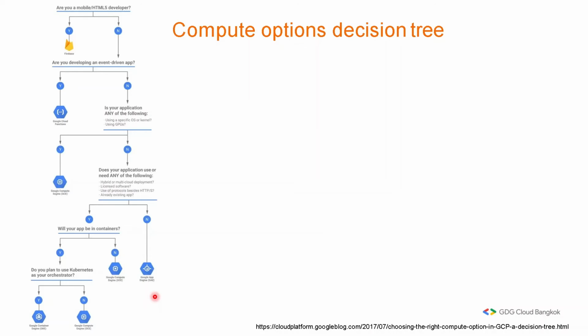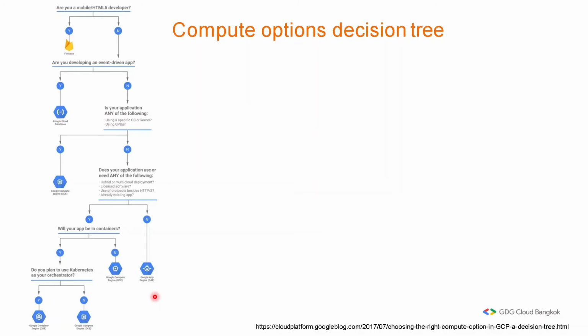Or no, if your application uses any of the following, like a specific OS or kernel or using GPU, then you have to go with Google Compute Engine. If no, then does your application use or need any of the following, like hybrid or multi-cloud deployment, licensed software, and use of protocols besides HTTPS?